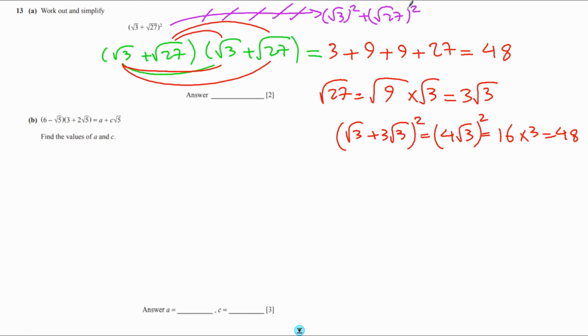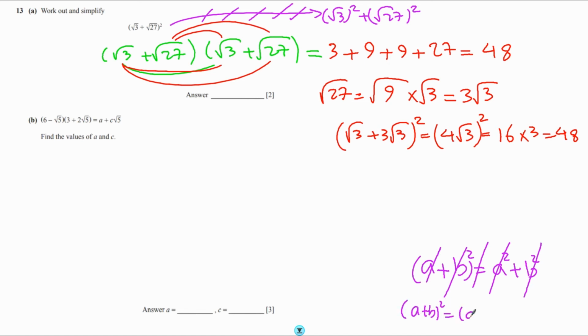We can never write, for something like a plus b squared, that this equals a squared plus b squared. This is completely wrong, and you need to write a plus b squared equals a plus b times a plus b, which will give you some more extra terms.